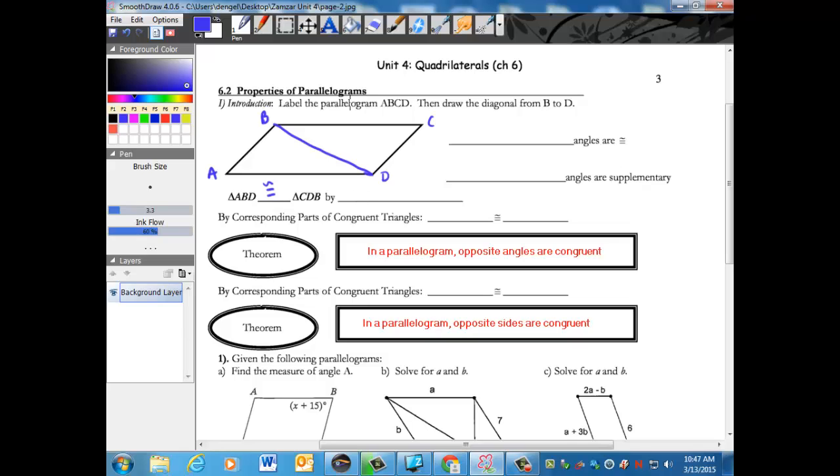Well, a few things that we can do here. One, we're given that this shape is a parallelogram. So that helps us out, because I can say these opposite sides are congruent and parallel. So these two sides are congruent and parallel. These two sides are congruent and parallel as well.